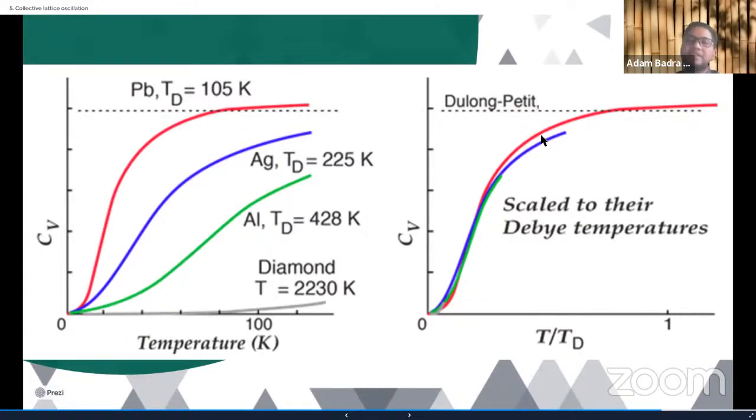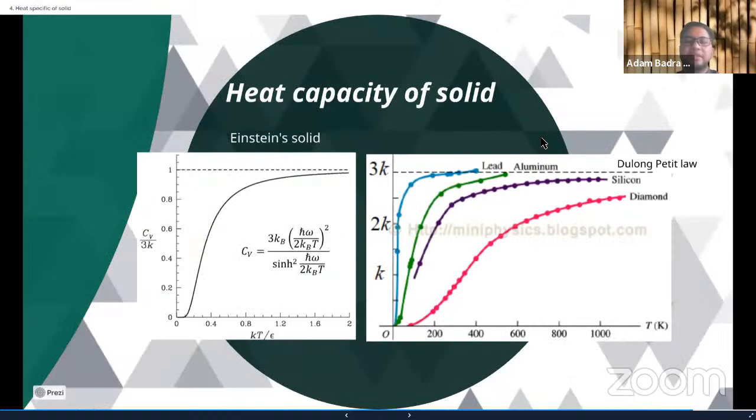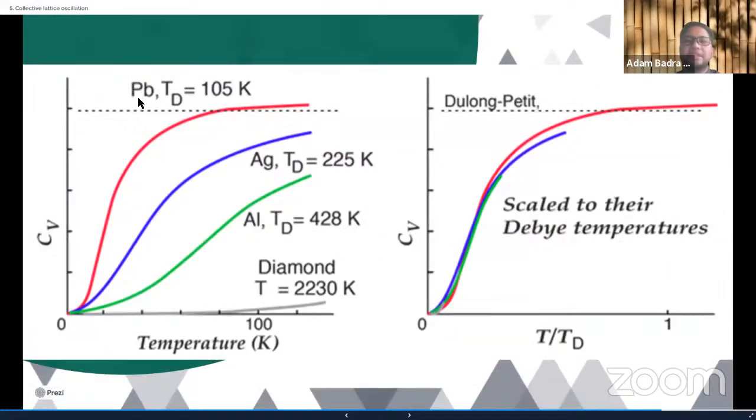Why is this? This is because Pb is a metal, and the other is mostly diamond, for example, an insulator. So in an insulator, what is important is only the lattice vibration. In an insulator, you have lattice vibration, but you don't have conduction electrons as much.